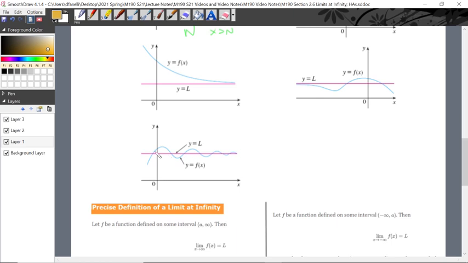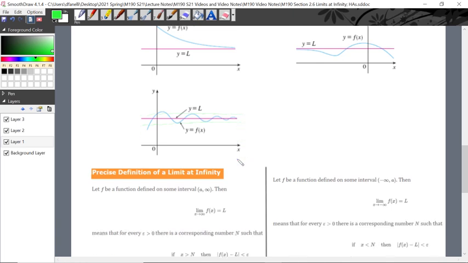We can have, for instance, a sine wave function that is bounded above and below, like we saw previously when dealing with the squeeze theorem. So it's possible to keep crossing the horizontal asymptote, but to continue to get closer and closer to that asymptote, so that no matter what epsilon we choose, eventually the function is going to remain within those bounds. So it's going to be close enough to that horizontal asymptote.